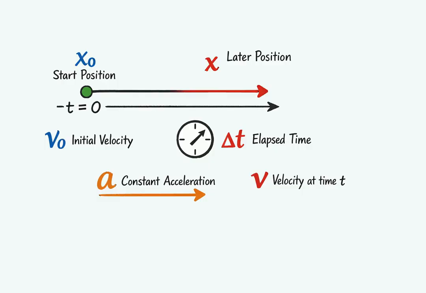The symbol t is elapsed time since that start, so it is really delta t, with the start defined as 0. v sub 0 is the velocity at t equals 0. v is the velocity at time t, and a is the constant acceleration during the interval. If you choose a different start, then x sub 0, v sub 0, and t change meaning, but the equations remain correct as long as you stay consistent.